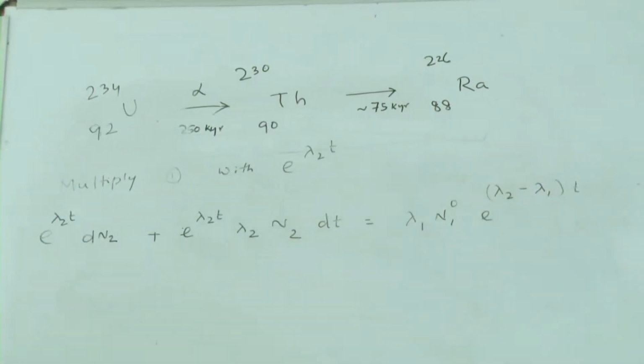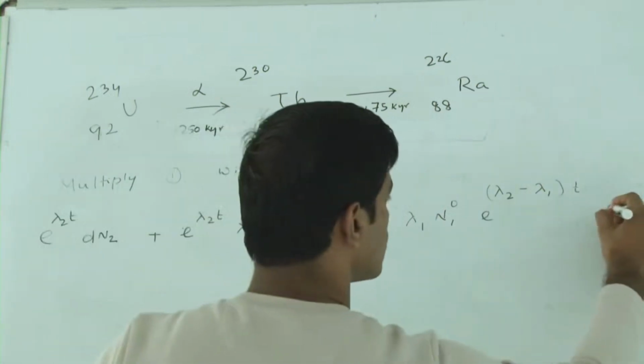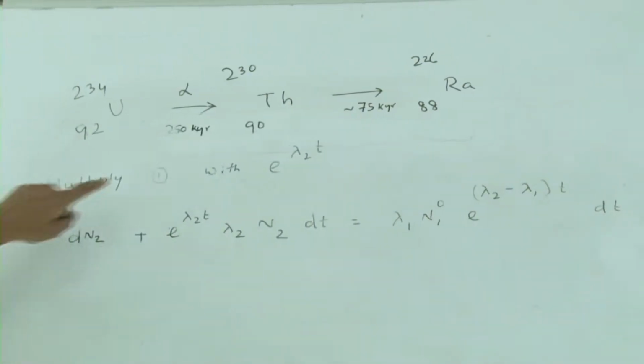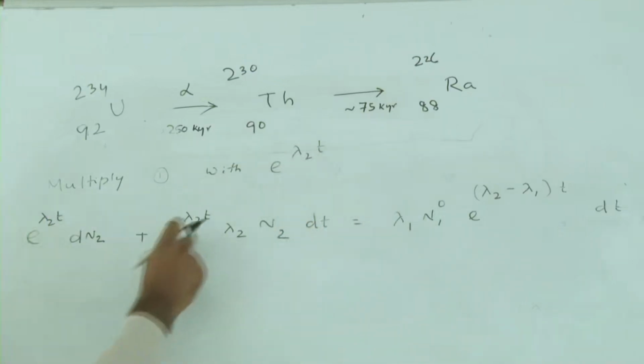So, basically I have taken out this dt. Here there is a dt, here there has to be a dt, and I also multiply equation 1 with e to the power lambda 2 t, which is there everywhere.